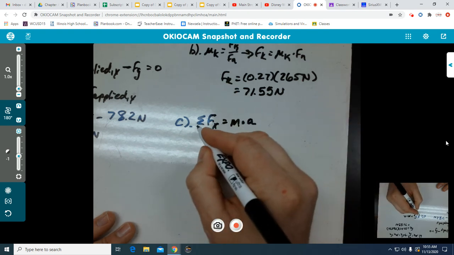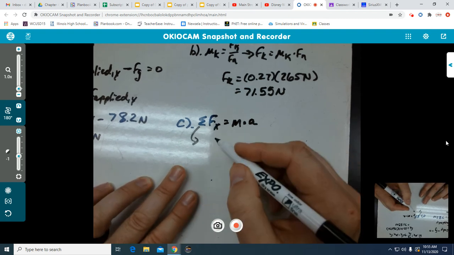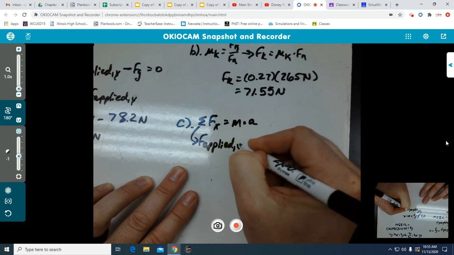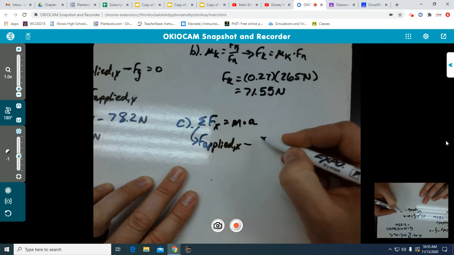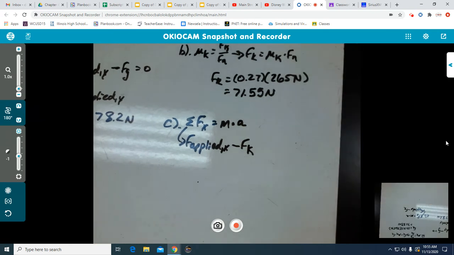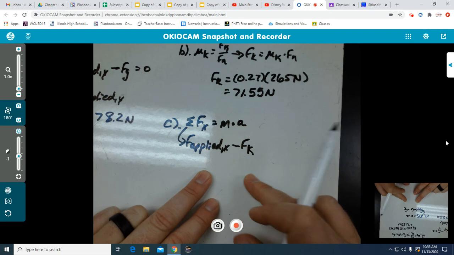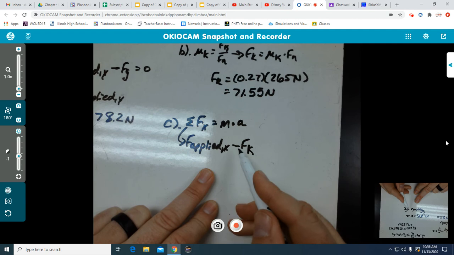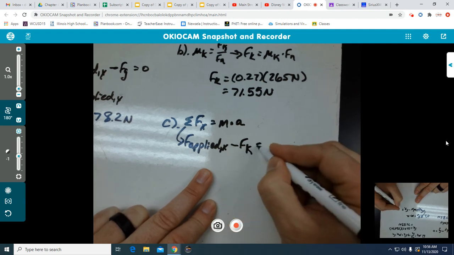All the forces in the x direction are the F applied in the x, and this time minus Fk, because the force of kinetic friction, as I mentioned in the previous video, is always working in the exact opposite direction of the acceleration or the motion of the object. So that's why it gets the negative sign here.